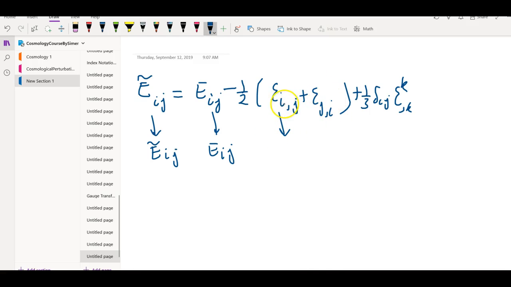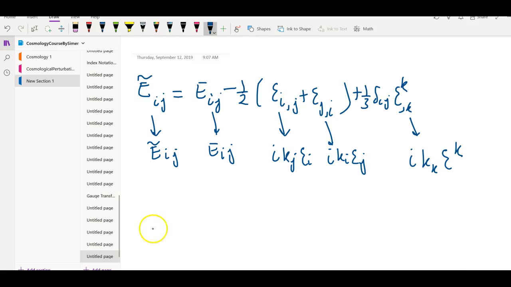So this would transform as i kj psi i, i ki psi j, i kk psi k.